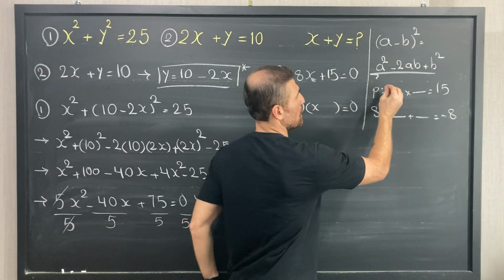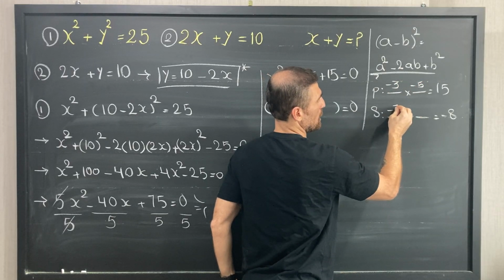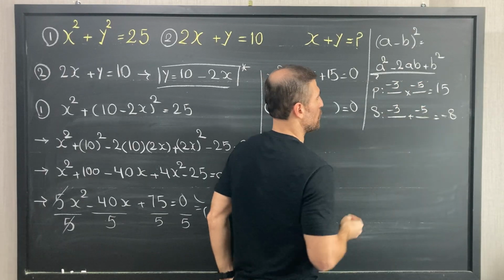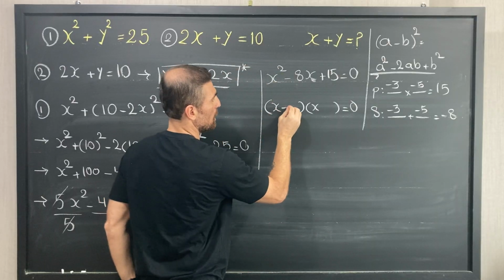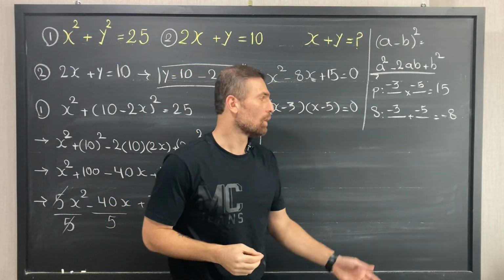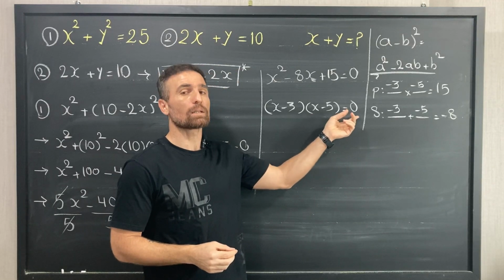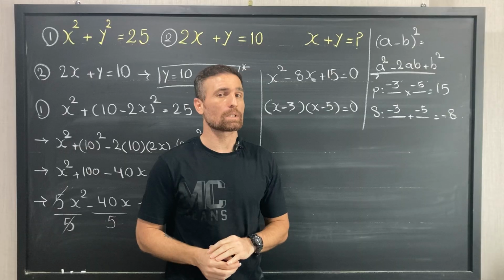Two numbers that the product is 15, their sum is negative 8. Right, negative 3 and negative 5. So let's write them here, negative 3, negative 5. Now what should we do? Look, if the product of two factors is 0, at least one of them must be 0.